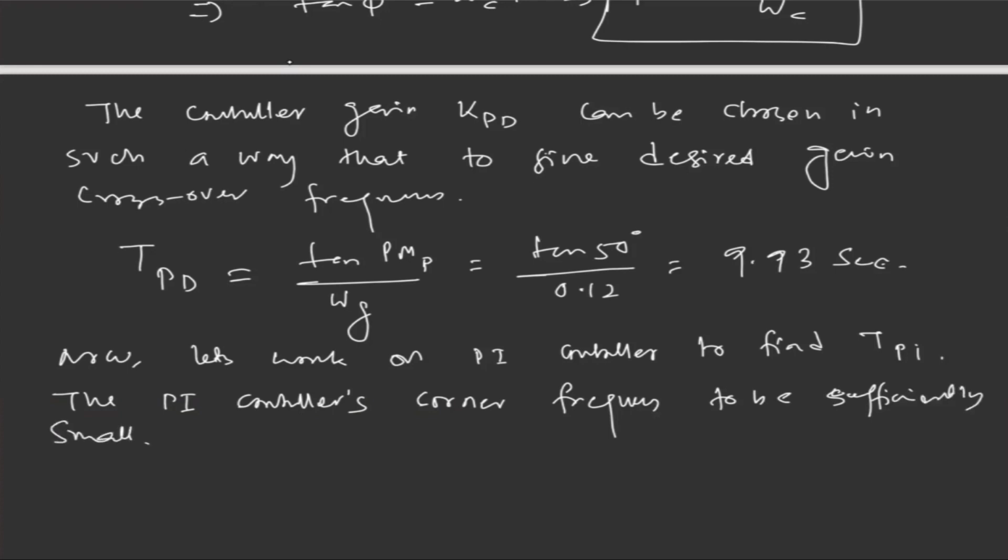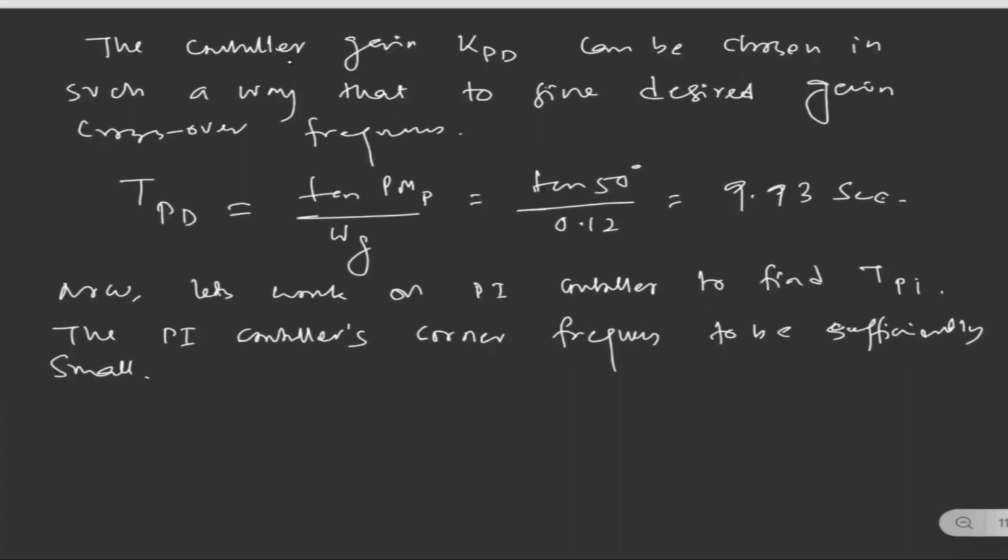Let me look at what the corner frequency is, because of the structure of T_PI. Let me go back. Here I can write the structure of the controller transfer function. So what is the corner frequency for the PI controller? G_C,PI we can write as K_PI (T_PI s plus 1) by s.